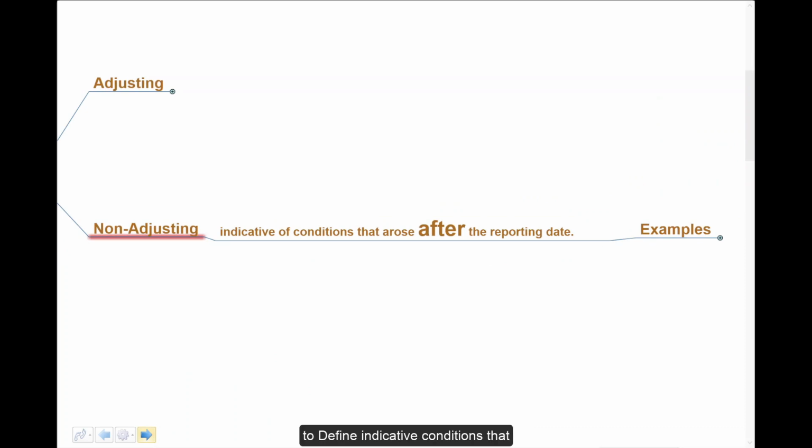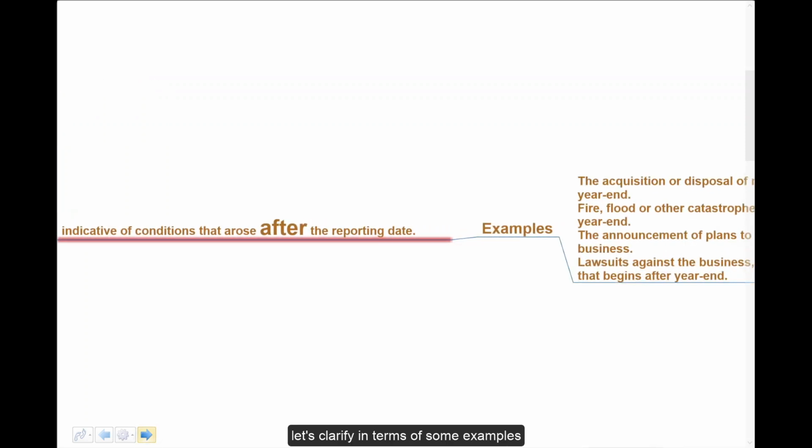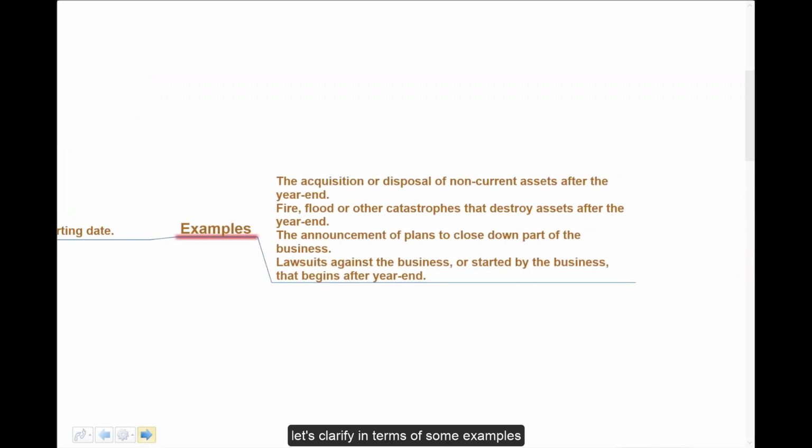To define: indicative conditions that arose after the reporting date. So we're very, very clear, we're comparing conditions existing at the reporting date with those arising after the reporting date. Let's clarify with some examples.